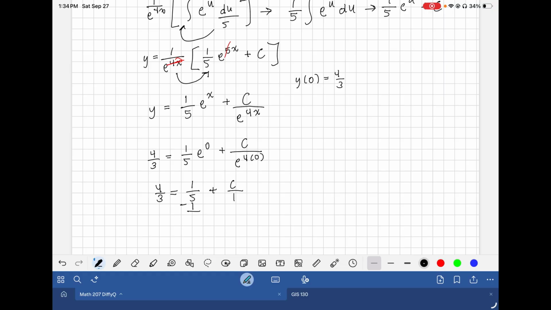And so now we subtract out the 1/5. Let's see, 4/3 minus 1/5. Find the common denominator, it's going to be 15. So that's going to be 20/15 minus 3/15. That's going to give us 17/15.